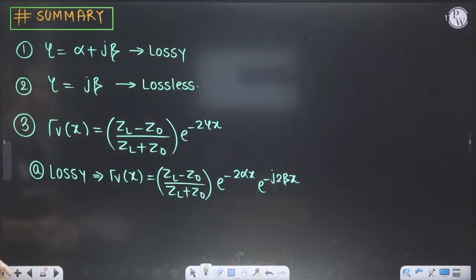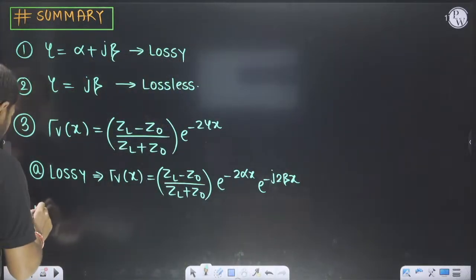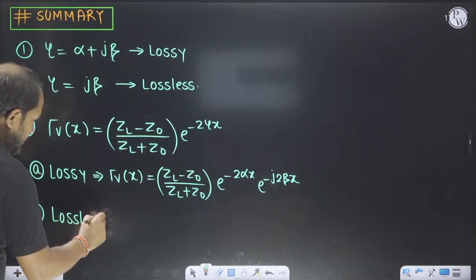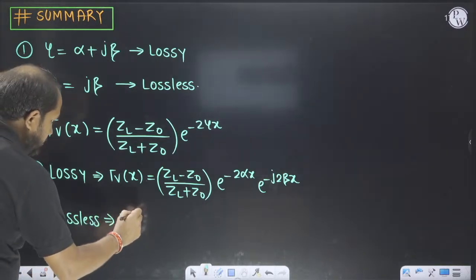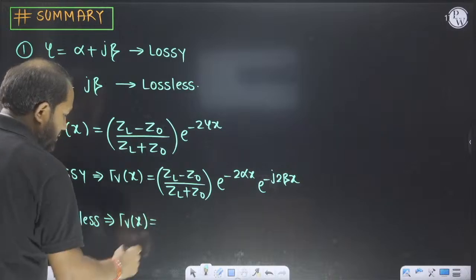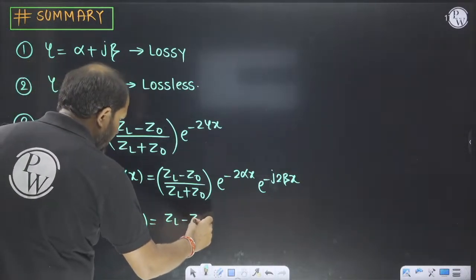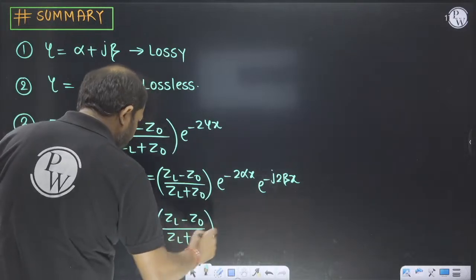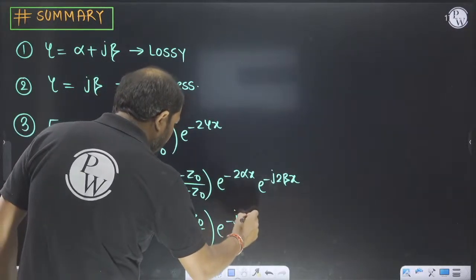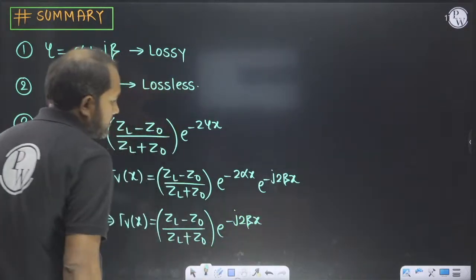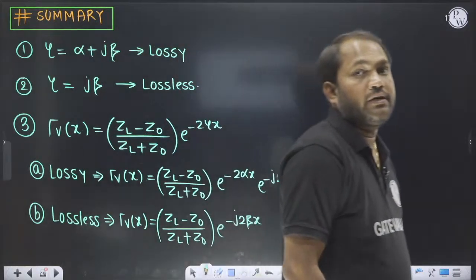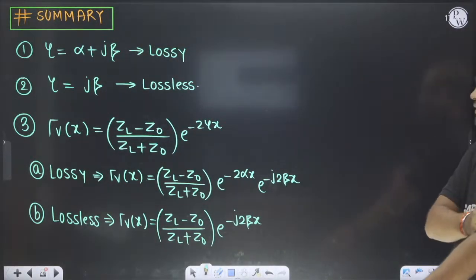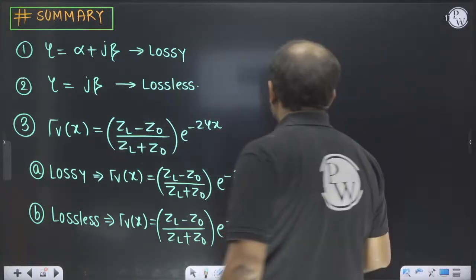In case of lossless, gamma vx is equal to (zl minus z0) upon (zl plus z0), and since alpha will be 0, it will be only e to the power minus j 2 beta x. So this is the reflection coefficient of voltage.